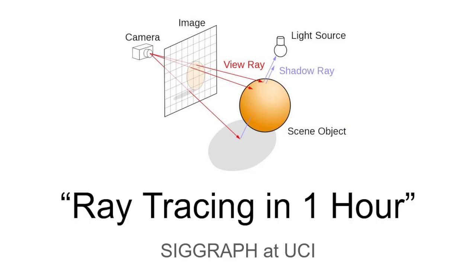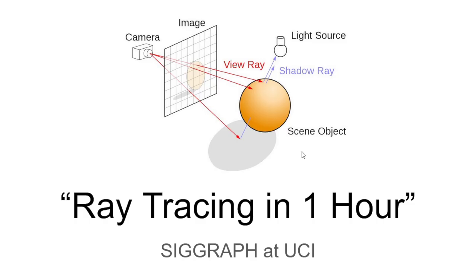All ray tracers are basically just objects in a scene and a camera, and we're going to use some projective transformation to get that object into our image plane as shown in this image here. We're going to be sending out rays from the camera and trying to see if they detect an object.